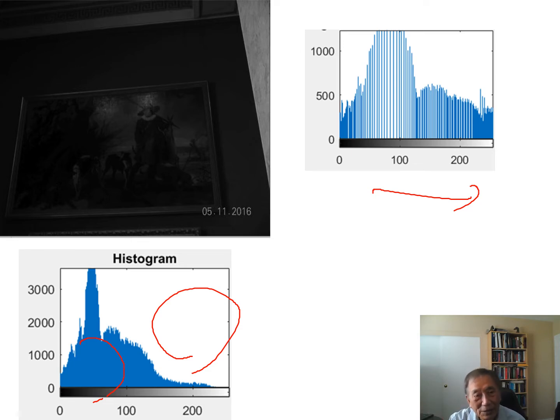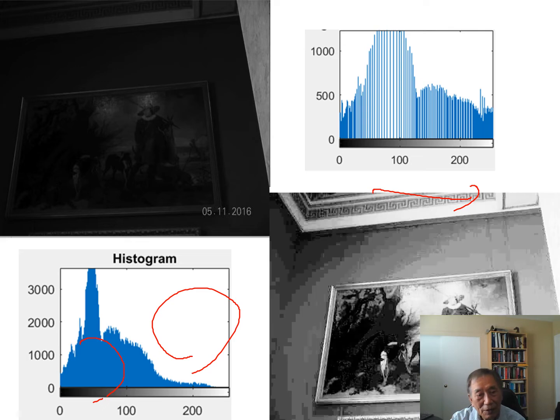By spreading this one out, this is what it looked like. See what happens: from the dark part of this picture, it shows surprisingly a lot of detail. Here you see a little blob in here and a little blob in here.